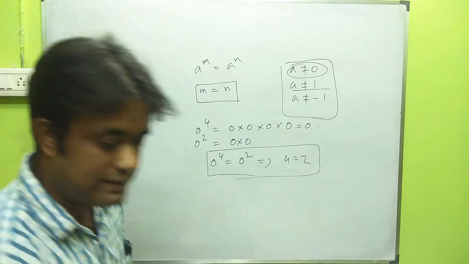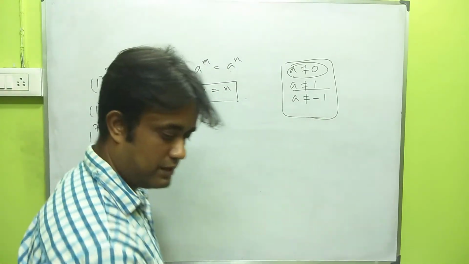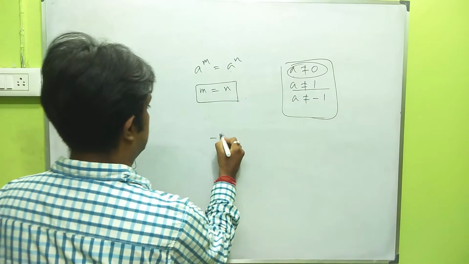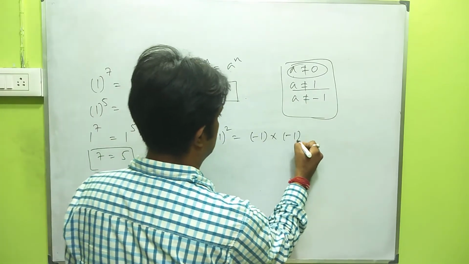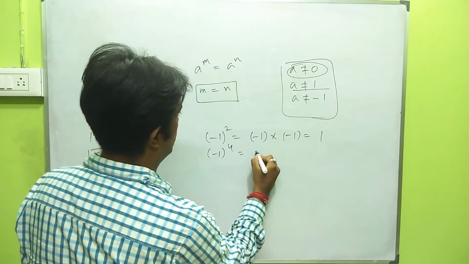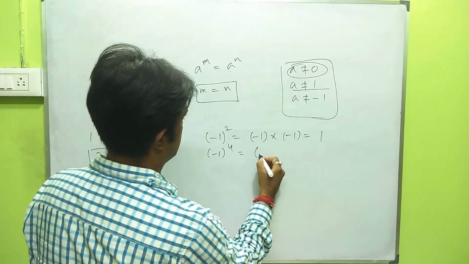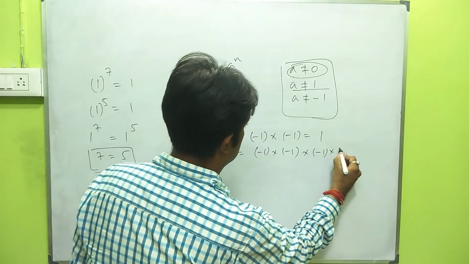Now, for a is equal to minus 1, we check for a is equal to minus 1. You know that minus 1 square, what will be minus 1 square? Minus 1 into minus 1, that is 1. And minus 1 to the power 4, this will be minus 1 into minus 1 into minus 1 into minus 1.